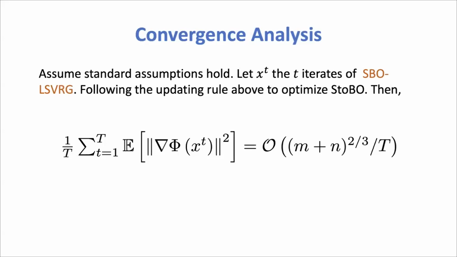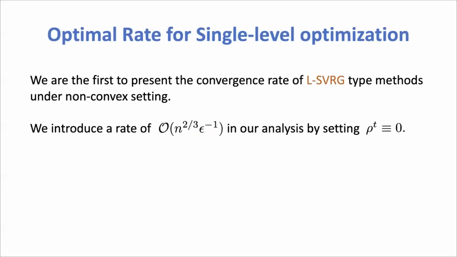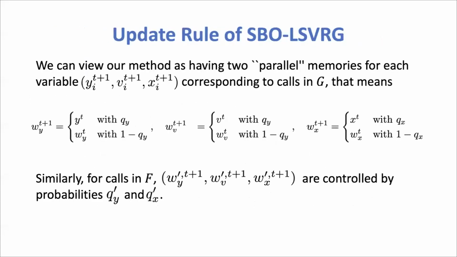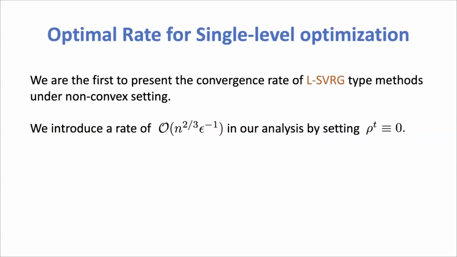And we provide additional analysis for the single level case and the other variance. So if we assume the learning rate of rho to be always 0, then we will obtain the rate n^(2/3) epsilon^(-1) for the single level optimization problem, which is optimal.